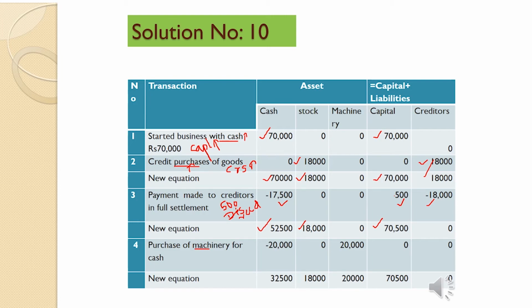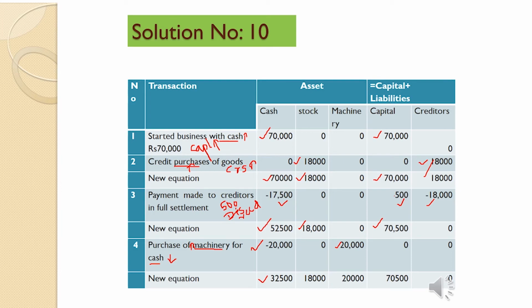Then purchase of machinery for cash. Here the accounts are the machinery account and the cash account. Cash decreases, so minus 20,000, and machinery, an asset, value increases, plus 20,000.